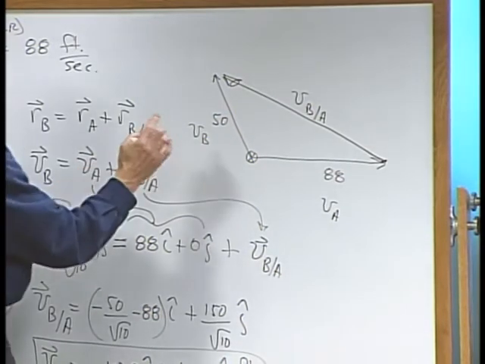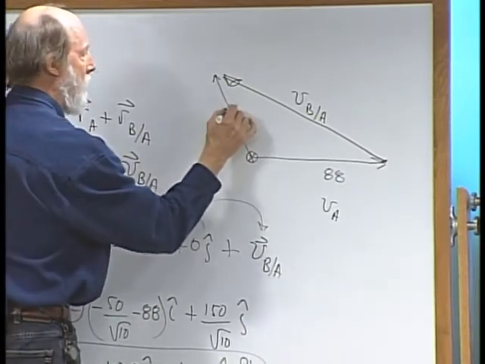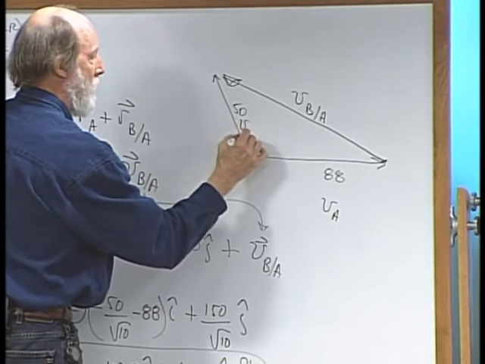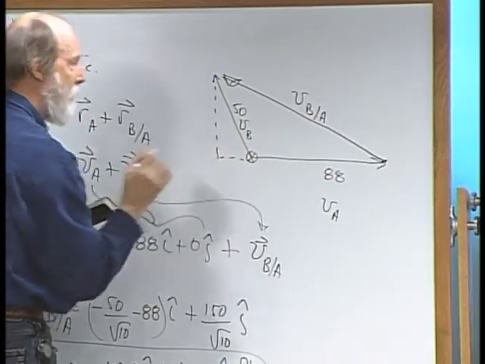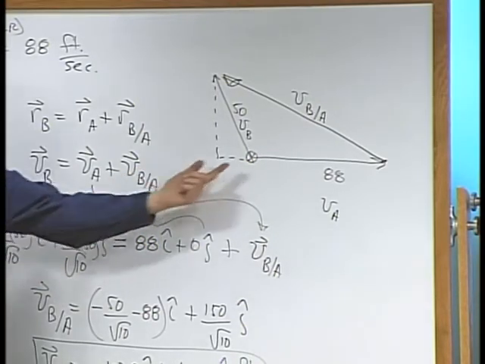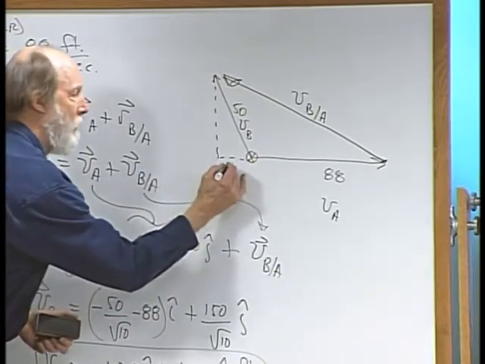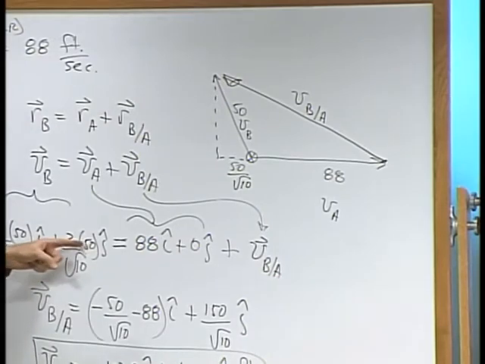And you can see the parts. Look at the math. Here is your 50 over radical 10 leg right here. The vertical part of it is the 150 over radical 10.